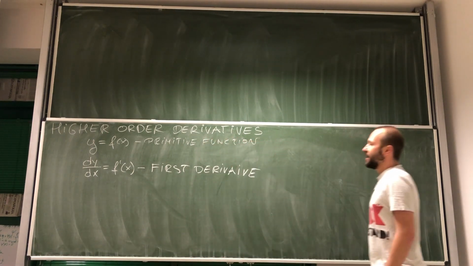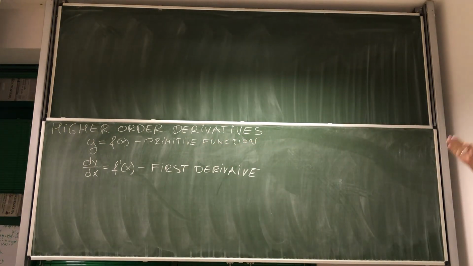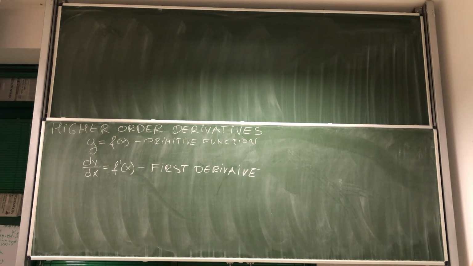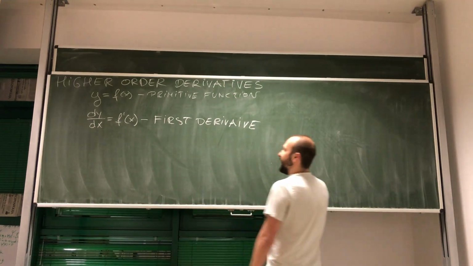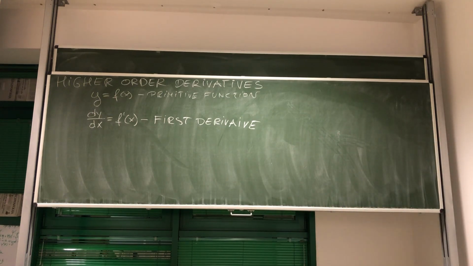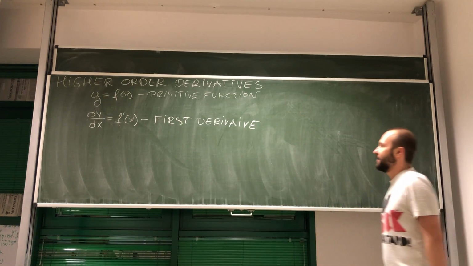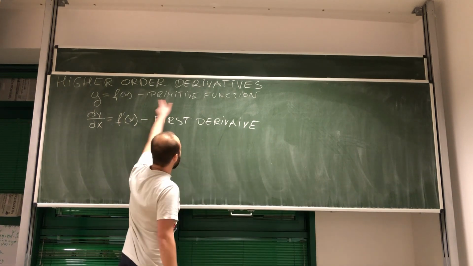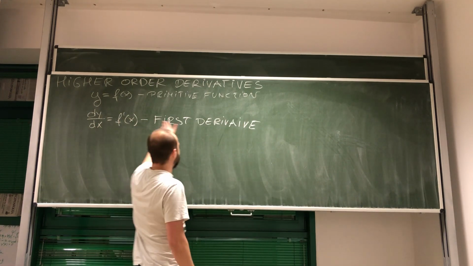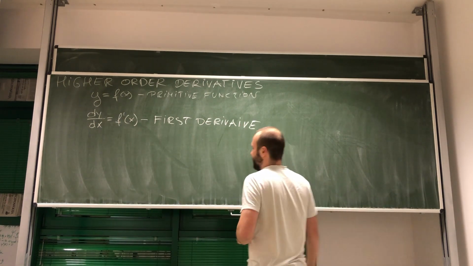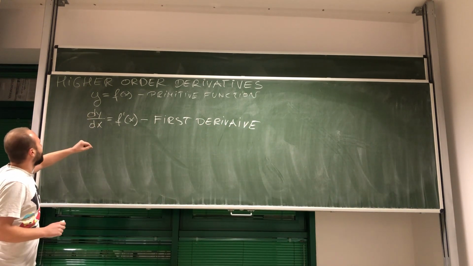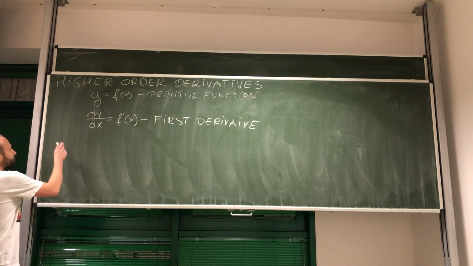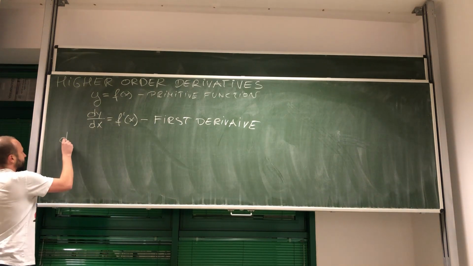Okay, but now look, I can go further with this. What do I mean by that? If I want to differentiate the function for the second time. So look, this is still our primitive function. This is the derivative we've already calculated. And look what I'm doing right now. I'm taking a derivative of the derivative. How would it look? Look, this would look like this.